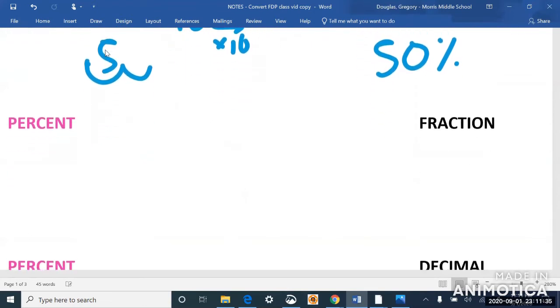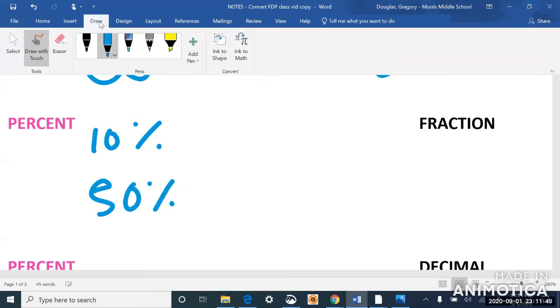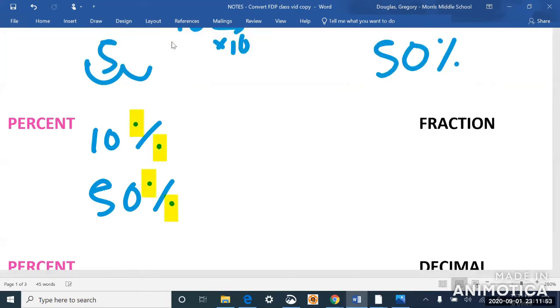Percent to fraction, which we kind of just did right above, okay? Well, no, I guess we did 10% and 50%. There's 2%. Change it to the fraction, we see 2 dots. I'm going to move it 2 spots, okay?